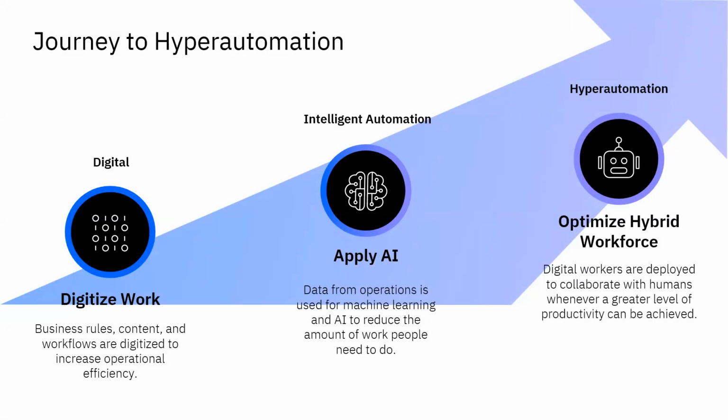The journey to hyperautomation, I can quickly touch upon. It starts from digitizing the work, extracting the content, the meaningful information, workflows, and business rules, and then it moves to applying AI on top of that, and then optimizing the hybrid workforce.